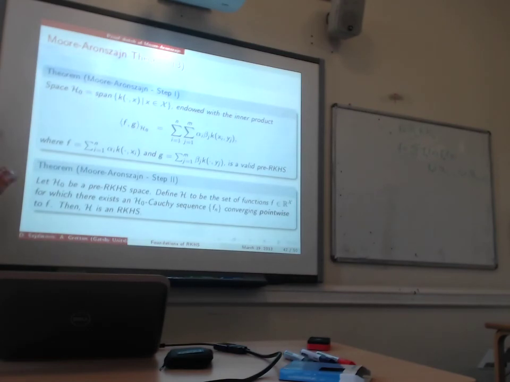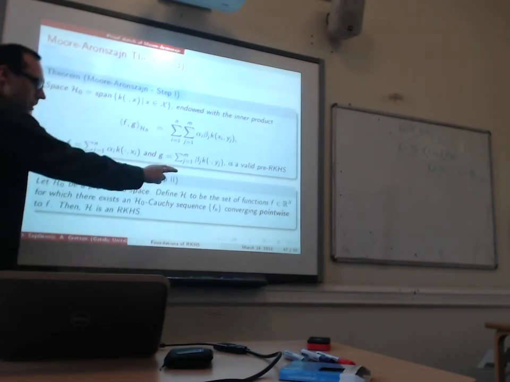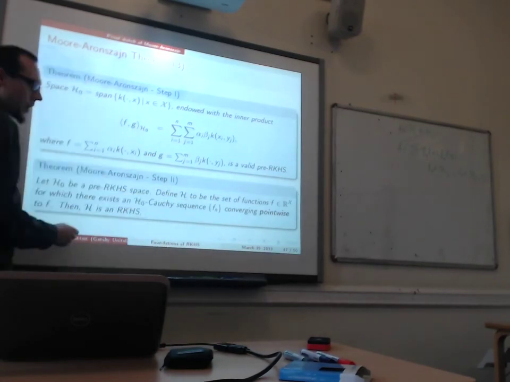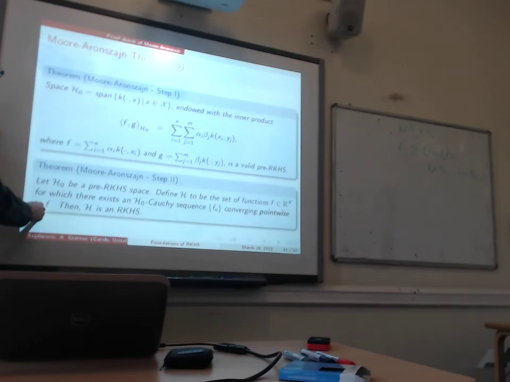And in the statement of the theorem, I've underlined how to build that space. Given H_0, you set H to be the set of functions for which I can find a Cauchy sequence in the pre-RKHS that converges pointwise to f. So you take the pre-RKHS and you add to it pointwise limits of all Cauchy sequences. This will be an RKHS.